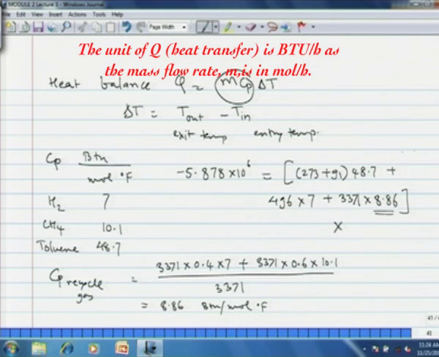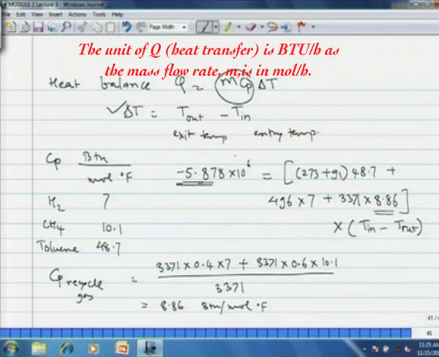Now, into this is the m Cp thing. dT is T in minus T out. Now, we are writing reverse of delta T that was written here, because we have taken the heat as negative. Okay.